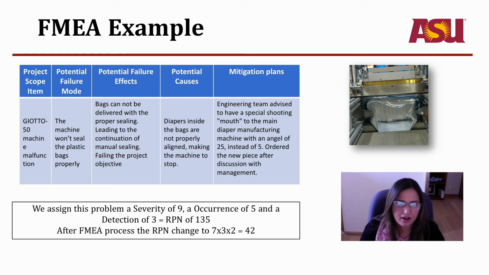And then we say, okay, what is a potential failure? That the bags cannot be delivered with the proper sealing. Who's going to buy a bag full of diapers that is not properly sealed, that has an open seal, or that the machine burned the diapers inside because it didn't have a proper seal? That leads to the continuation of manual sealing.